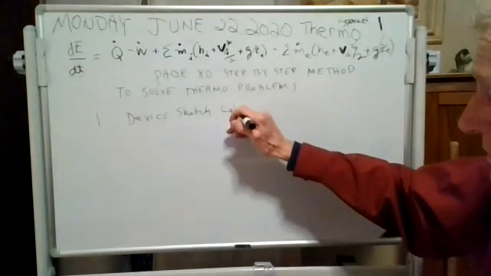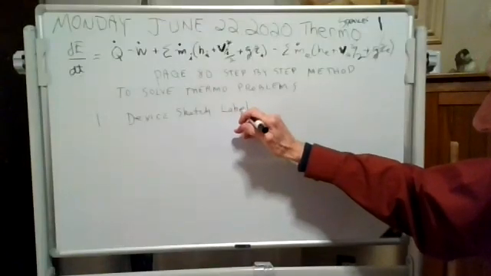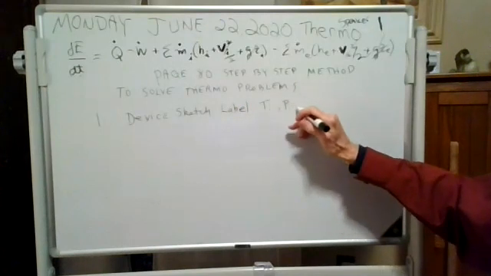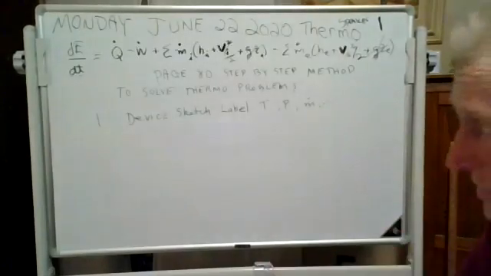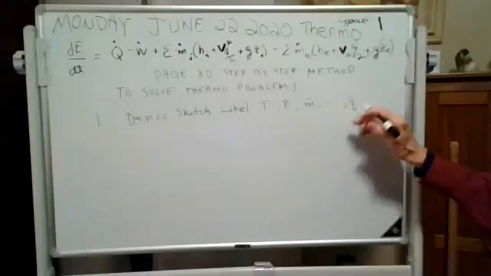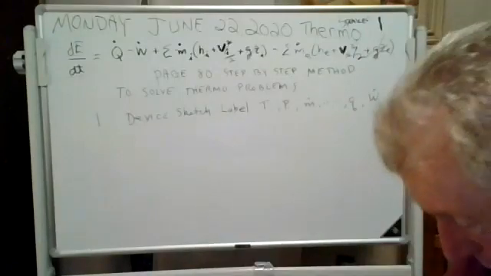Label them with temperature, pressure, M dots or whatever. Whatever is given, label them. Heat transfers. Power, if they give it to you, label them. Okay, number 2.